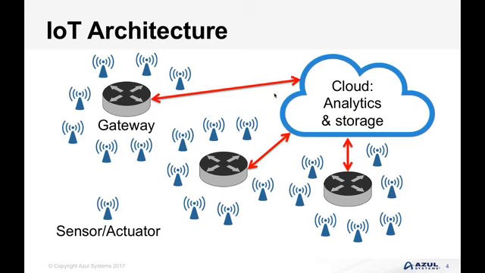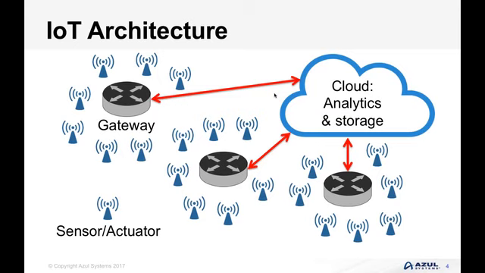Now, the thing with having lots of sensors and lots of actuators is that you're dealing with lots of data. And rather than having every sensor send that data to the cloud to be analyzed, stored and processed, what we need is some way of collating and filtering that information before it gets passed to the cloud.